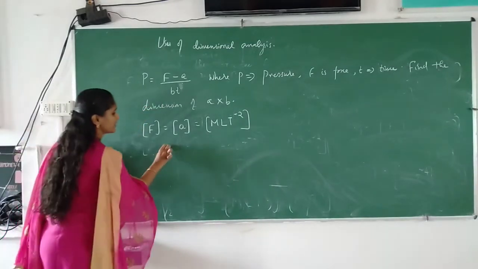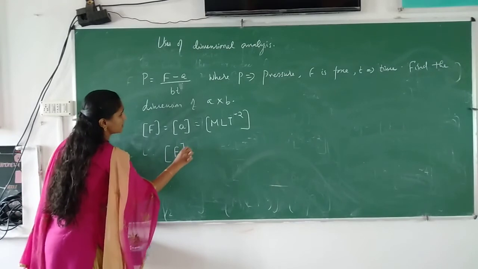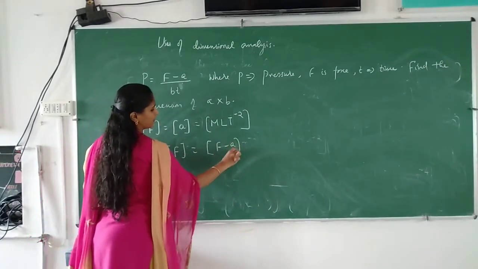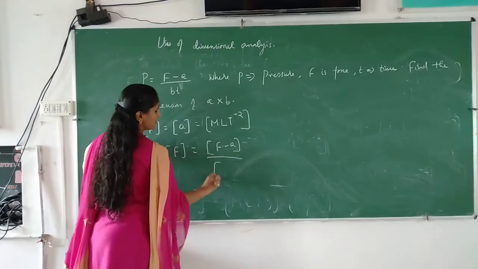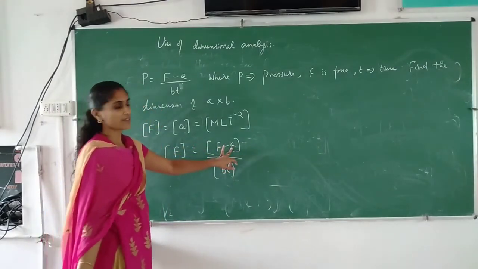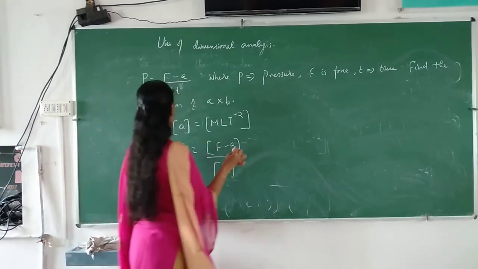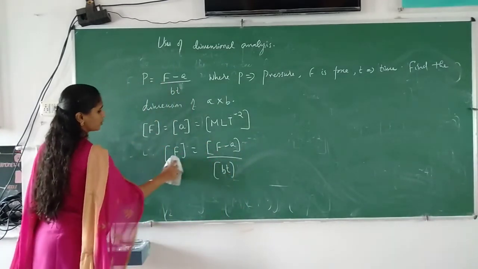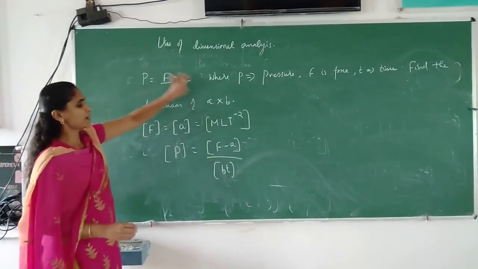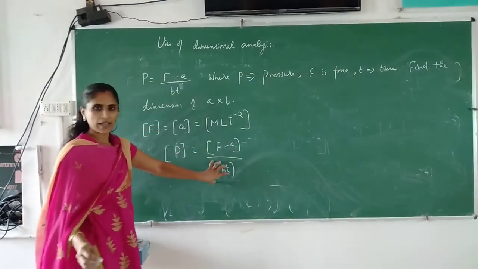Now you have to find the dimension of B. So you can write this equation. Dimension of P is equal to dimension of F minus A by dimension of Bt.